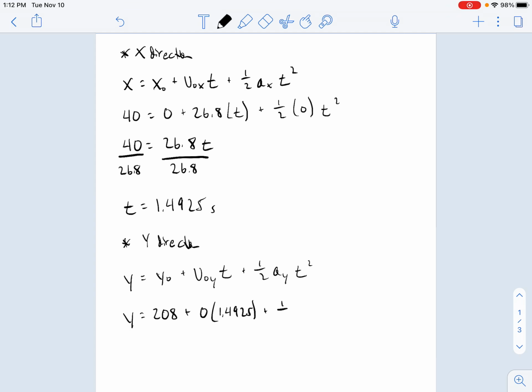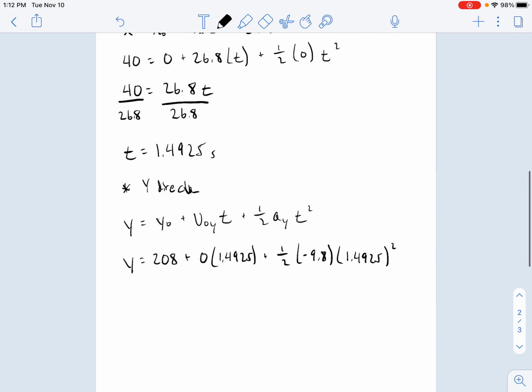That can be added to 1/2 times negative 9.8 times our 1.4925 squared. So y is going to be equal to 208 plus 0 plus a negative 4.9 times, and if we square 1.4925, we get 2.2277.